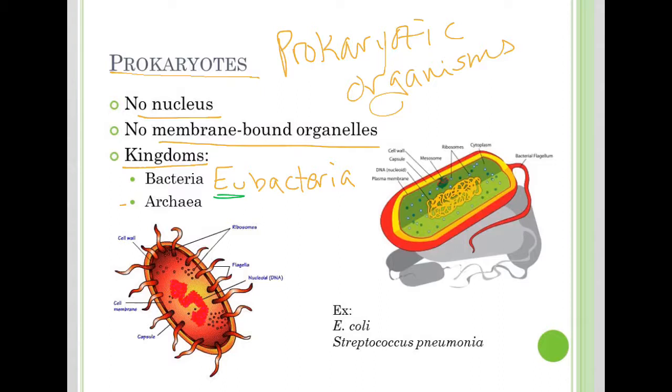And that, of course, reminds us of hydrophilic, things that like water, that phile ending. Examples of organisms that are prokaryotes that you might have heard of: E. coli and Streptococcus pneumonia, both things that can be bad for your system, certain strains.